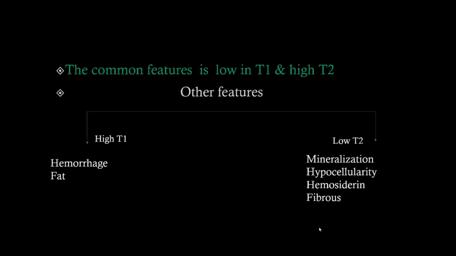The common features of tumors everywhere are low T1 and high T2. There are some exceptions. High T1: hemorrhage, fat, and don't forget melanoma, which contains precursors of fatty components. Low T2: mineralization, hypocellularity, hemosiderin or fibrous tissue.